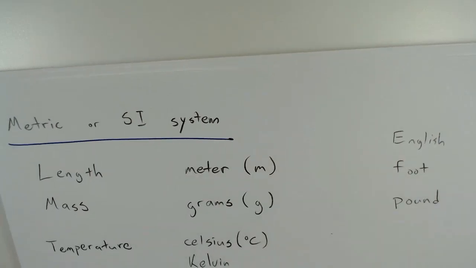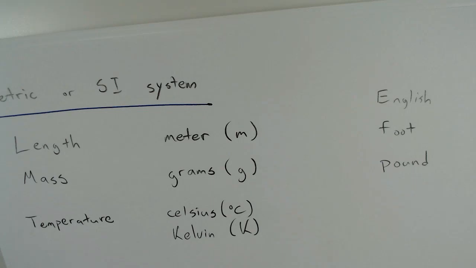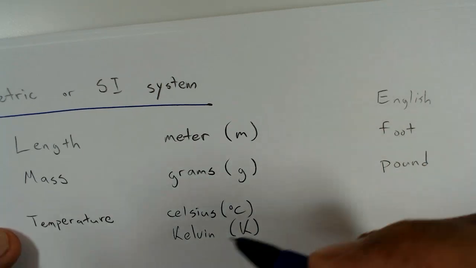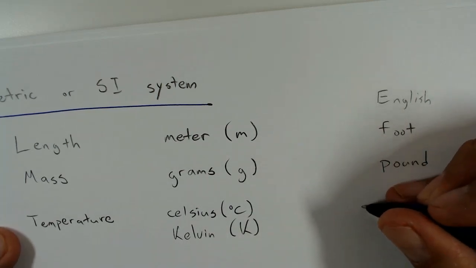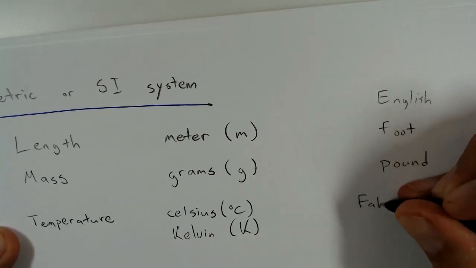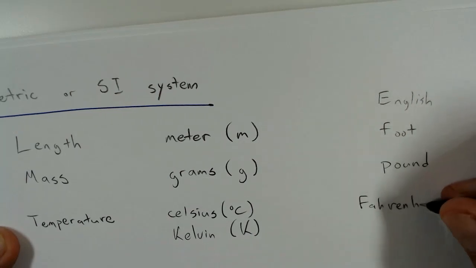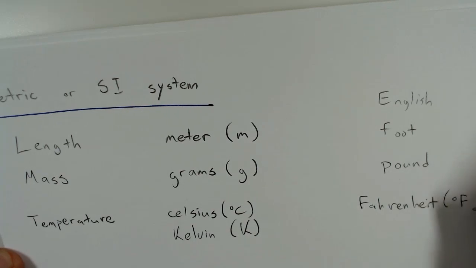We're going to go over Kelvin a little bit today if we get time. We should have time. But I want to point out here that there's no degree symbol in the Kelvin. It's just the letter K, and it's capital. And then we also have the one for the English system, which is the Fahrenheit. That's how you remember how to spell it. And that is degree F.